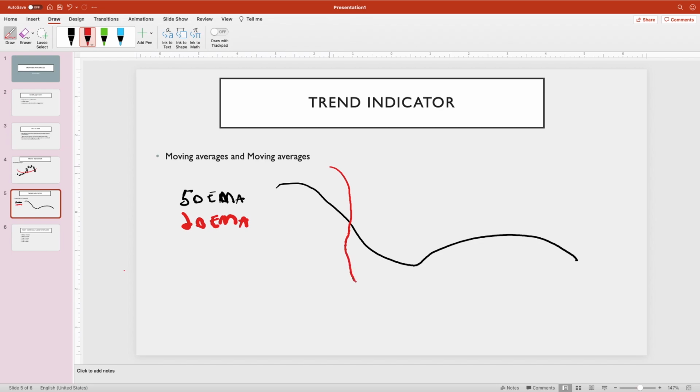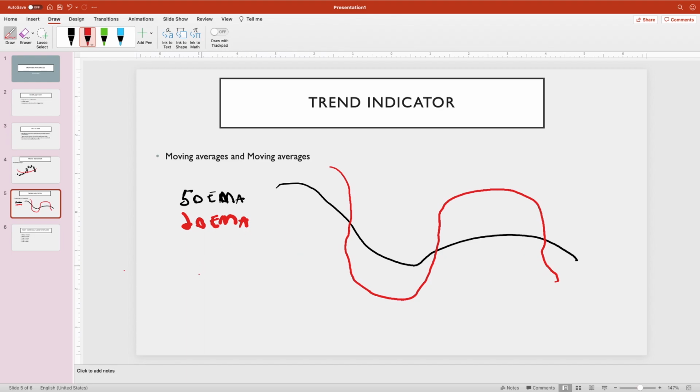Now if the short term moving average, which is the 20 in this case, is still moving and goes above it, then the trend would be reversed into an uptrend. And then if you continue and it crosses below it, you are again in a downtrend.